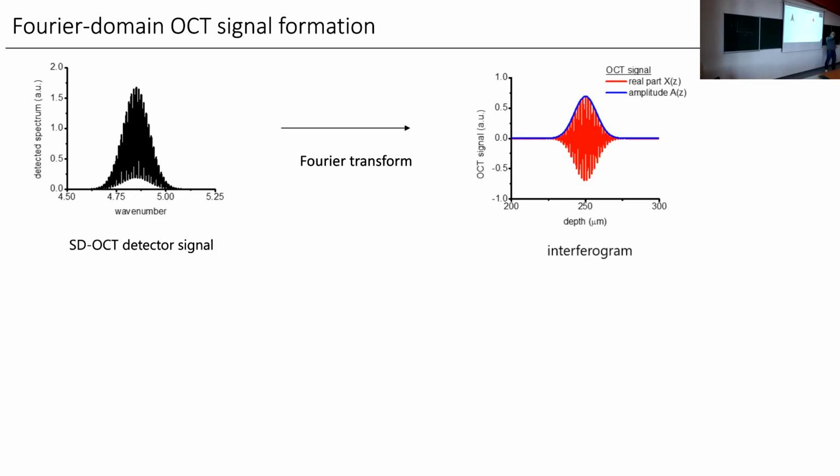If you take the Fourier transform of a real signal, just a stack of numbers coming out of the spectrometer, you get a complex answer, so a real part and an imaginary part.